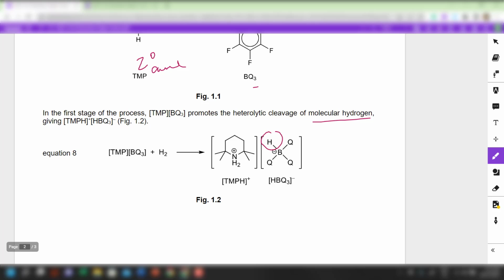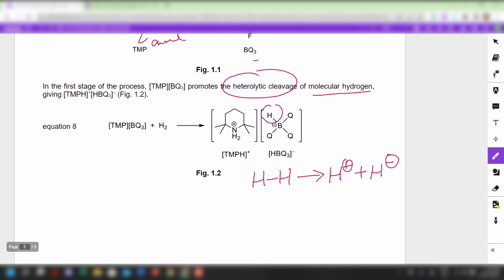The key thing regarding this heterolytic cleavage is that my H-H becomes H plus and H minus. Of course it will not happen on its own. It must be driven by the presence of, in this case, a catalyst. So that was what's described above.